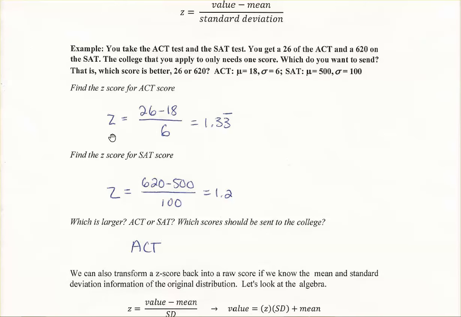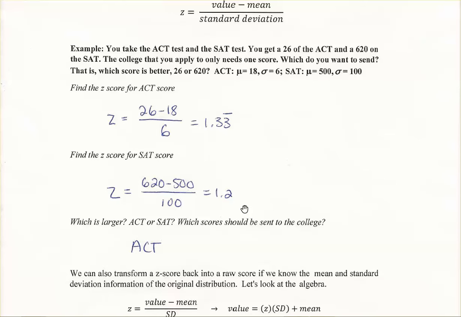So for our Z-score for the ACT, we would do 26, which is right here, minus our mean, which is 18, over our standard deviation of 6 to get 1.33. And the Z-score for the SAT would be our 620, which is the score we got, minus 500, which is the mean, over our standard deviation of 100 to get 1.2.